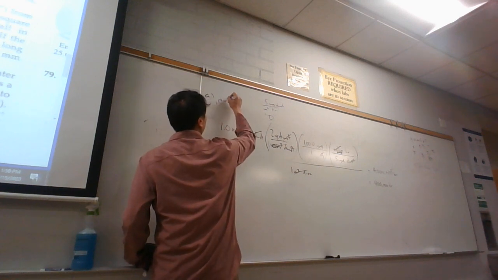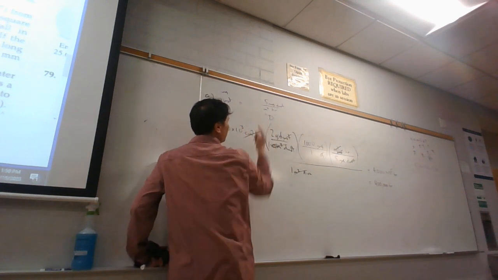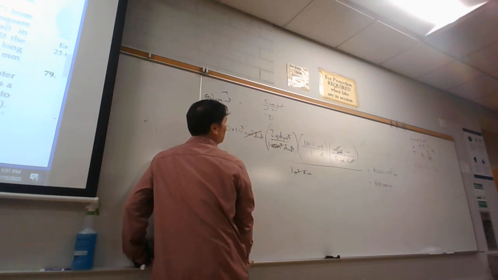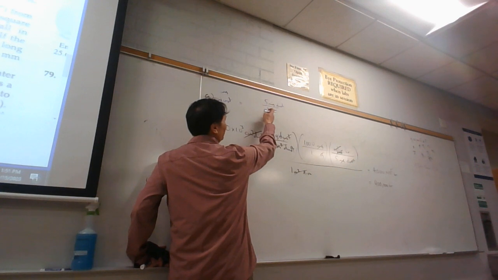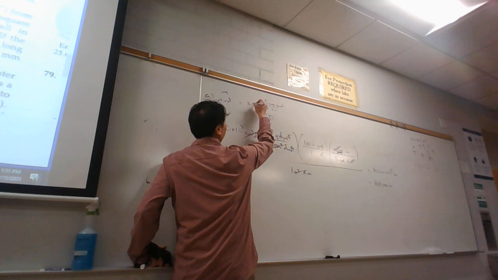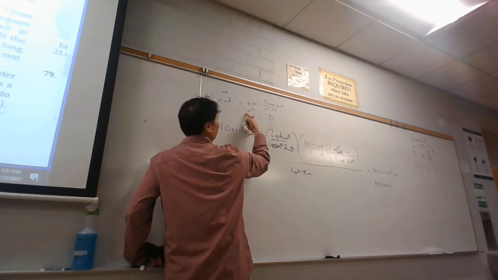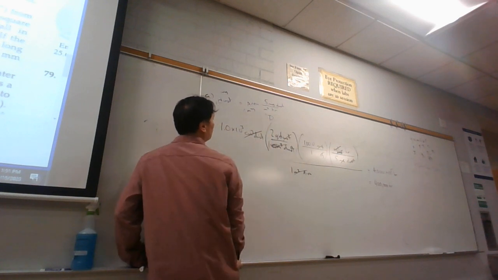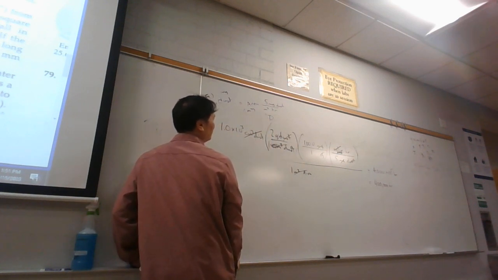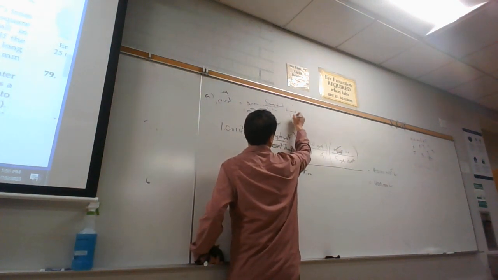If I'm looking at milligrams of dust, I need to cancel out meter squared. In order to cancel out meter squared, I need the area, so the area in meters squared, so the meter squared cancel. And what else do I need to cancel out? I need to cancel out hours, so I need the time in hours.